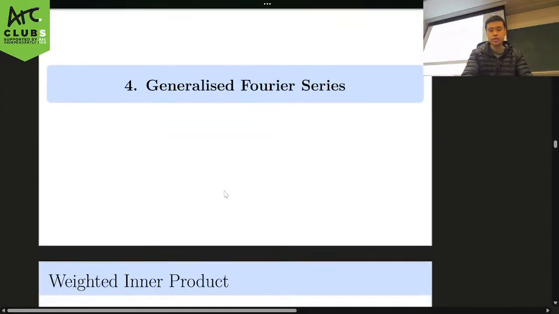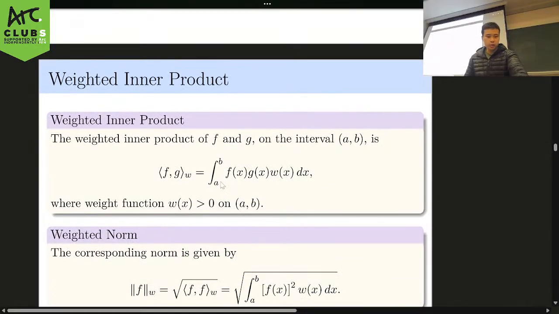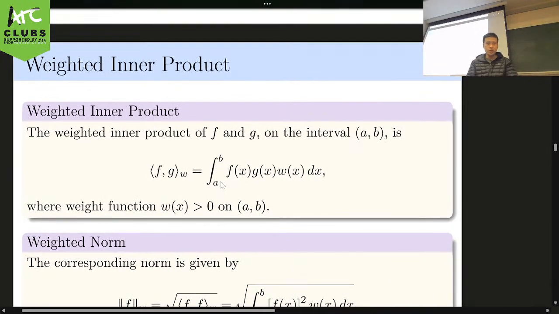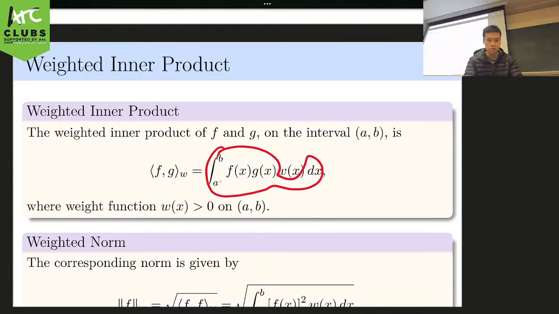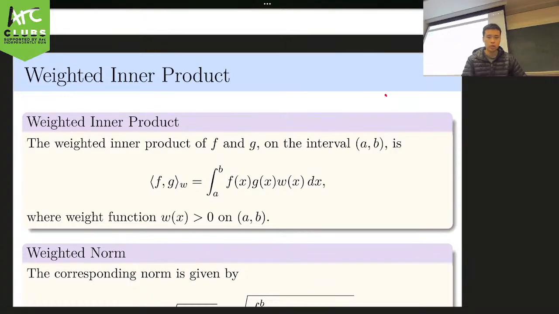Yeah, it's the bulk of this part, I guess. First we're going to learn this thing called the weighted inner product. You recall the inner product is essentially this. But the idea for weighted is that you're doing it on a specific scale. When you have an arbitrary weight function, you just tag on this weight function inside the integral. That's basically it.